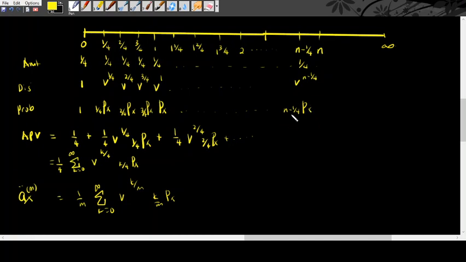So for the term case, it will be ä_{x:n}^(m). Still the same thing, it's just that now you have 1 over m times the summation of v^(k/m) (k/m)px, with k starting from 0 up until the last one, mn minus 1.